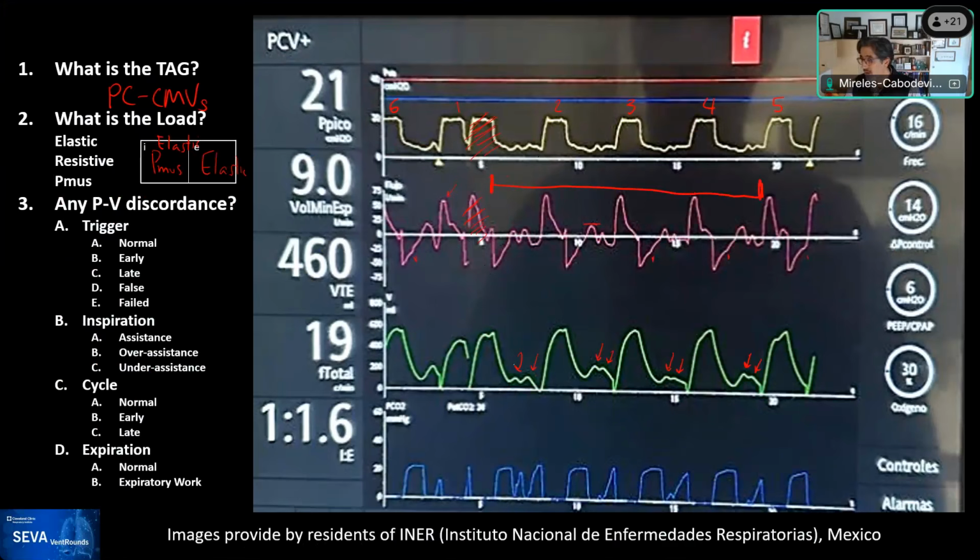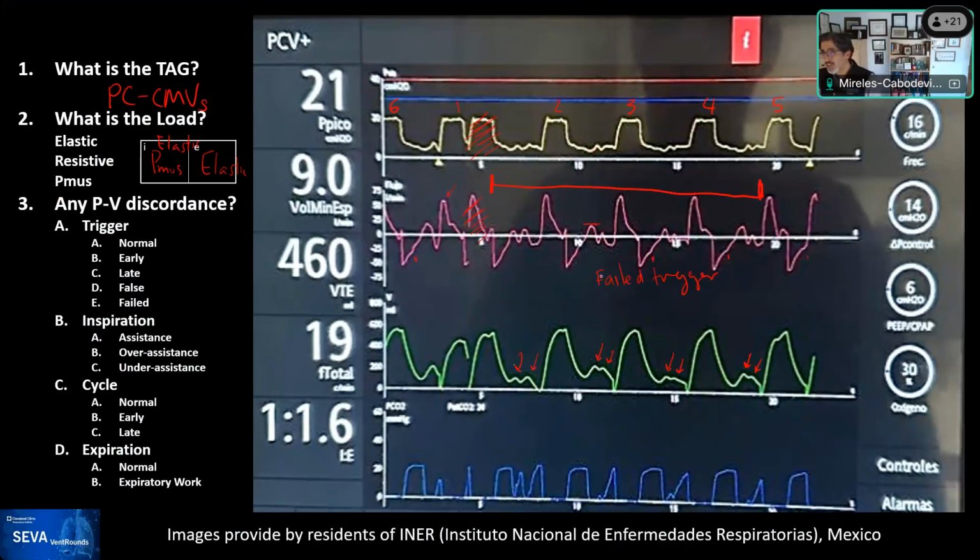And Mauro says, well, the capnography is also consistent with ineffective or false trigger. And absolutely, this could look like a false trigger. So the differential here is either that there is a failed trigger, meaning if this is PMOS, then this patient is trying to trigger here, and the ventilator setting is too high that it's not letting the patient.